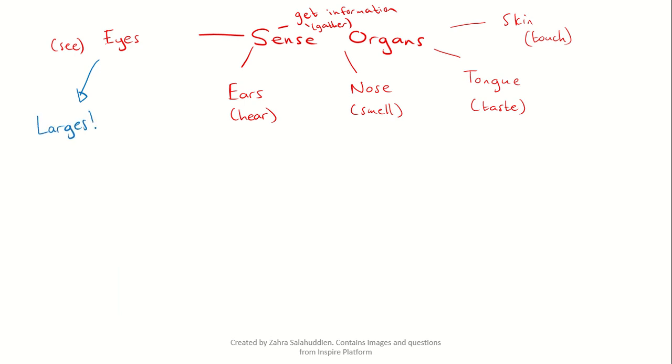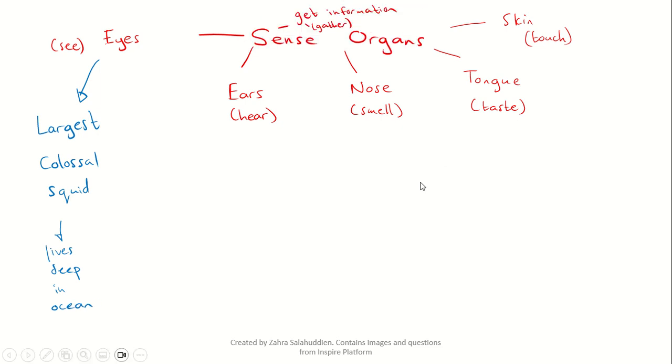This is because it lives deep in the ocean, so it needs to see well because there's not a lot of light over there. So I'm just going to add that information, deep in the ocean.